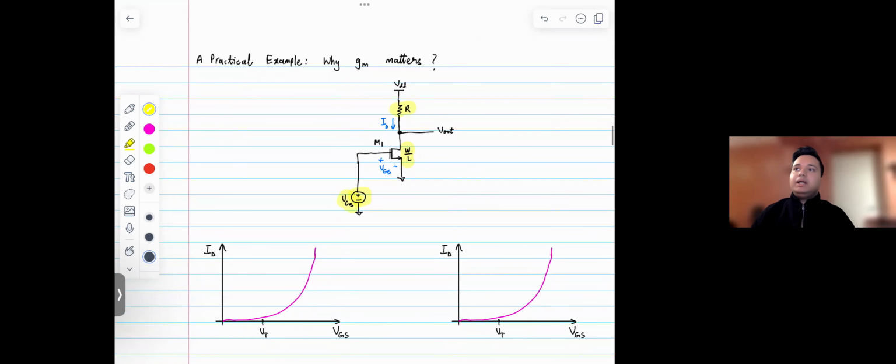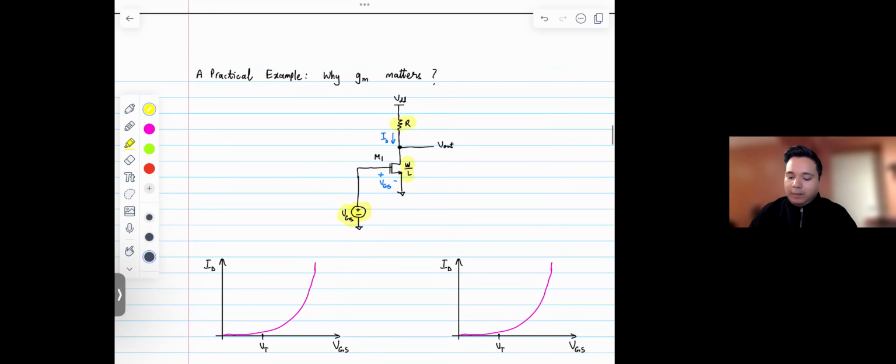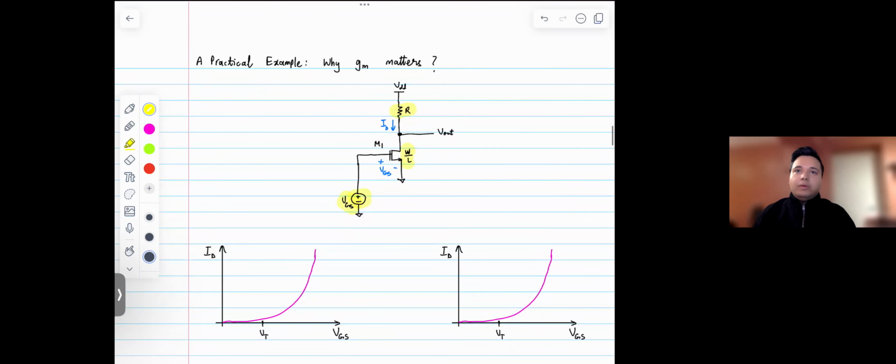So it's a very simple circuit. This is the common source amplifier, so it basically amplifies whatever is at the gate to the output.